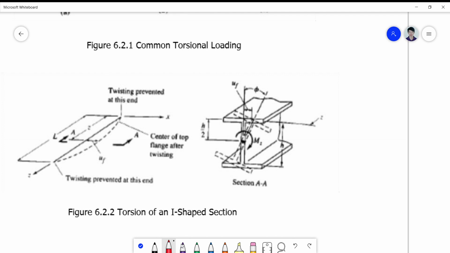Okay, so if I consider now this flange element with your axis, this is now the centroid of the flange element, wherein at the ends twisting is prevented. So the axis, due to the torsional moment Mz, may cause the flange center line to buckle or to bend sideways.